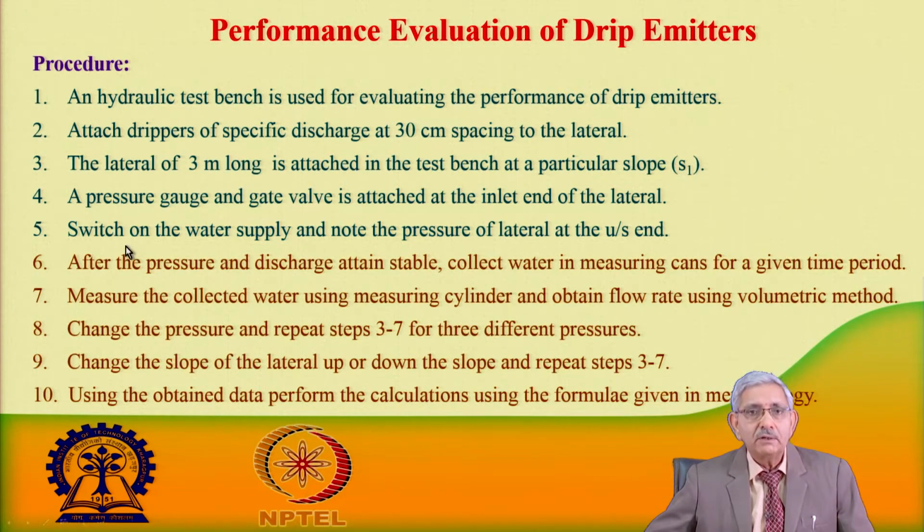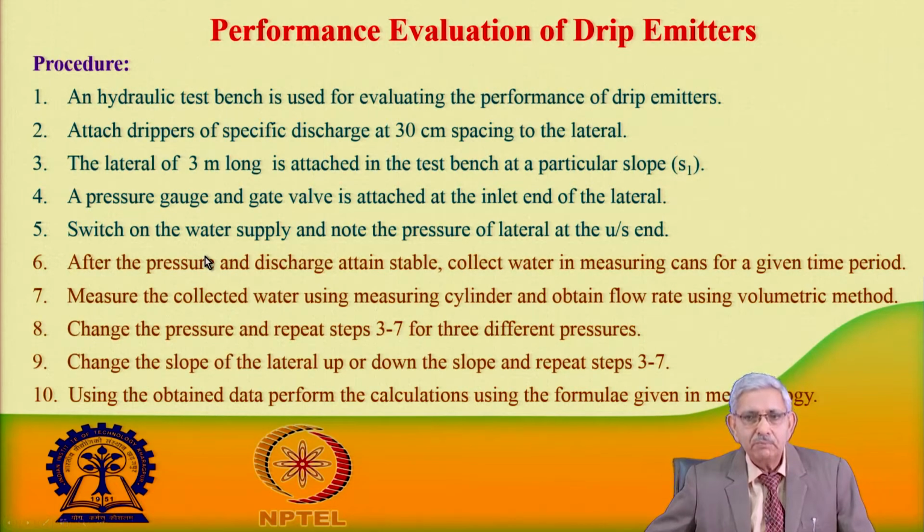So, water is supplied from the inlet by using the pump, and then the water is supplied in the lateral pipeline from the upstream end or inlet end, with adequate, required pressure, because we want to establish some certain relationship. So, pressure is created.